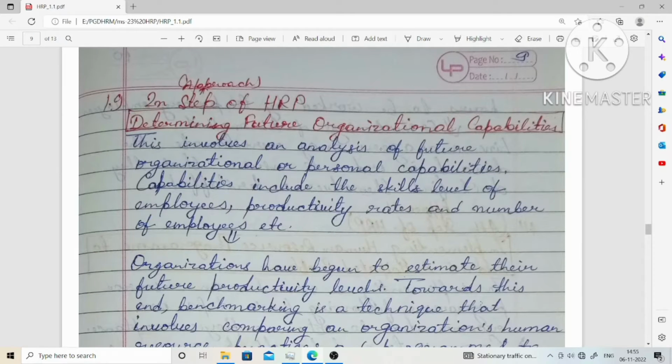So these are the steps, or you can say approaches, to human resource planning.